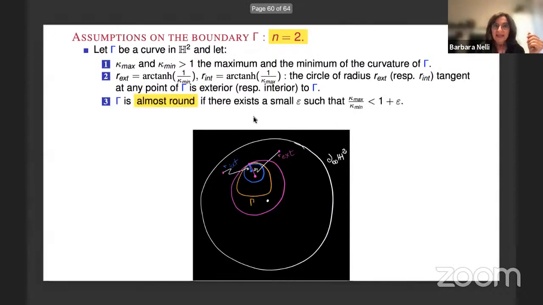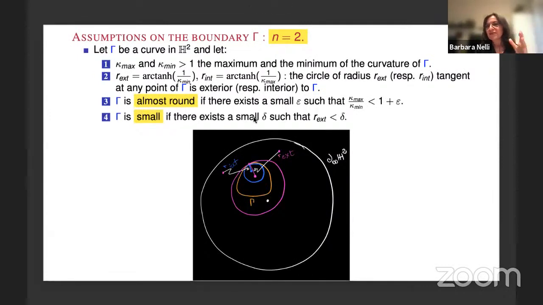Then gamma is almost round if K max and K min are not very different one from the other, obviously, and is small if the exterior radius is small. So these are the assumptions, and they are because, in some sense, you have to be compatible with that surface that I showed you before.